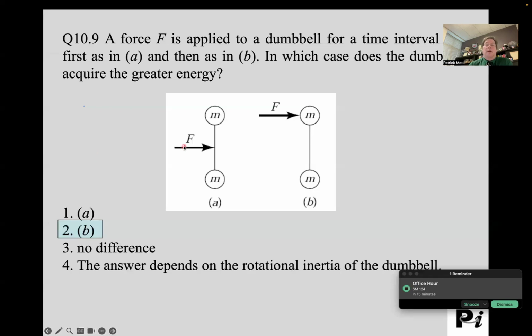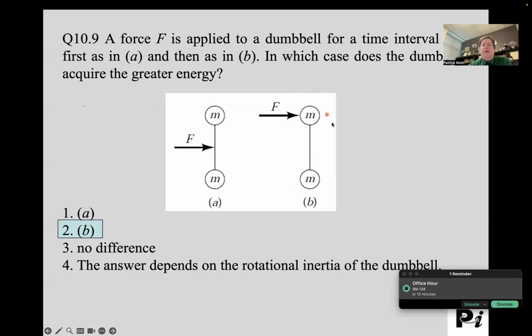So in A, all that the force can do is change the velocity of the center of mass of the system, gives it some momentum. It does that. In case B, the force is placed asymmetrically. It can cause a torque. It does. It changes the center of mass velocity, just as happens in A, and it also sets the dumbbell into rotation.